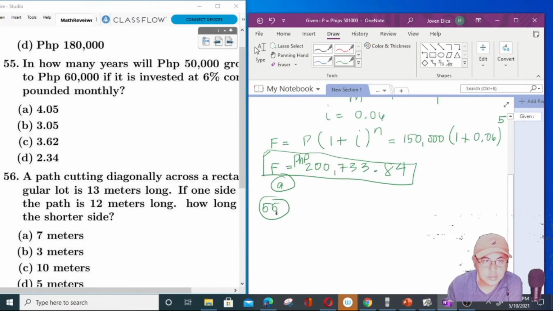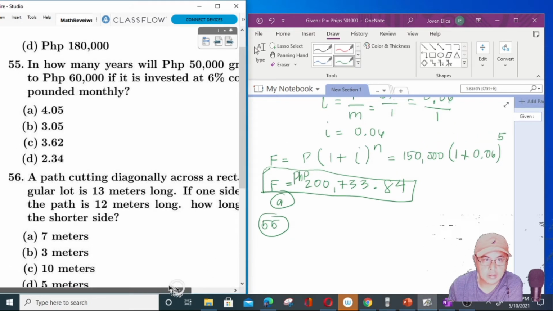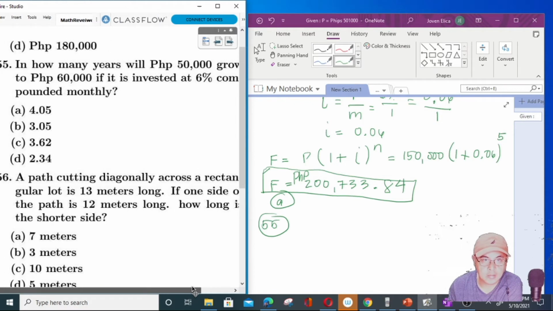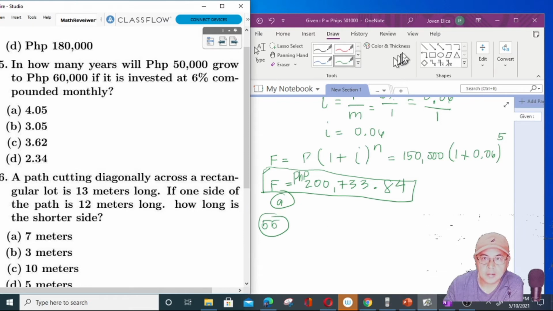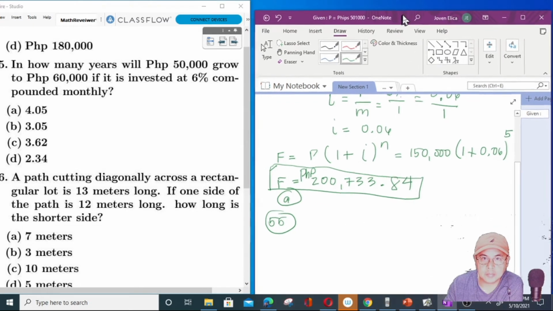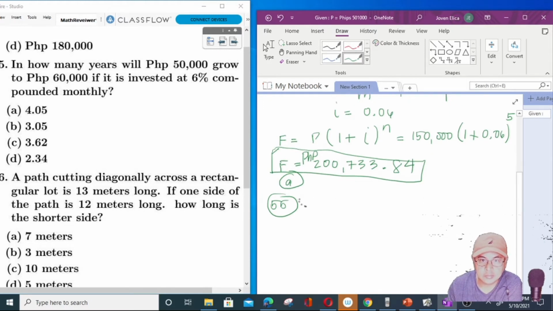Let's try to answer number 55. And let us try to write the given.